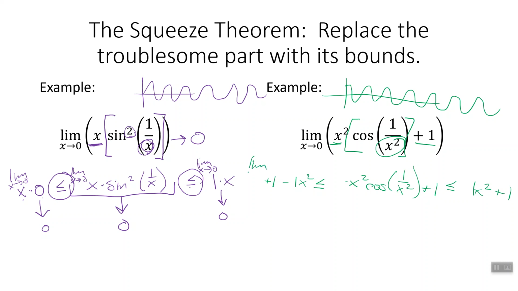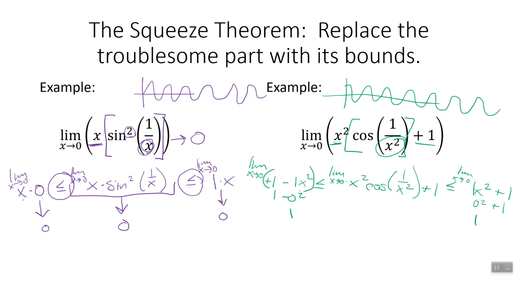We get the limit as x goes to 0 here, the limit as x goes to 0 in the middle, which we're not going to do anything with, and the limit as x goes to 0 over here on the right. Here we've got 1 minus x squared, essentially. If we plug in 0, we get 1 minus 0 squared, or 1. Over here we plug in 0 and have 0 squared plus 1.